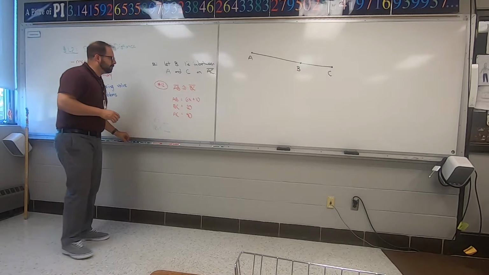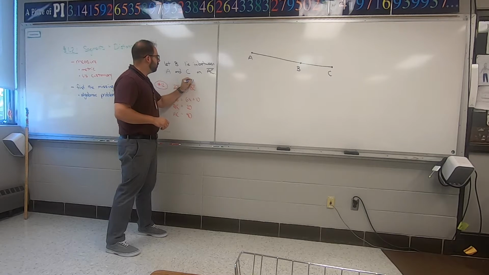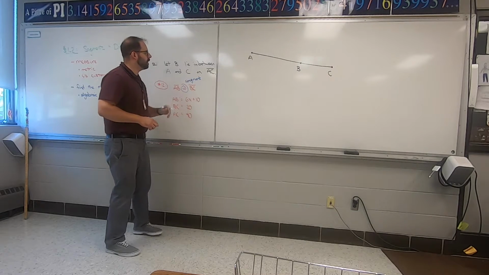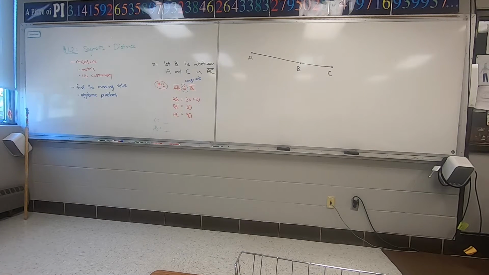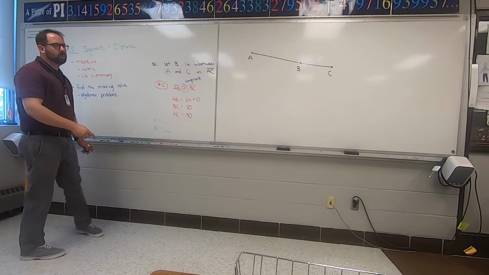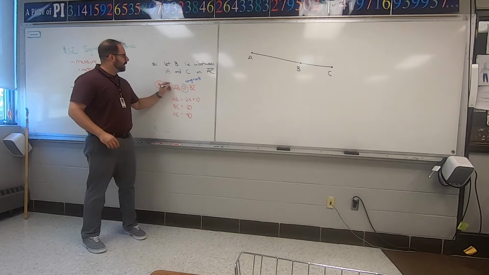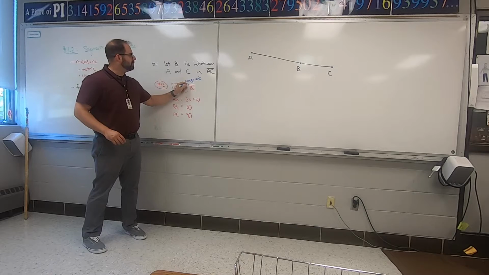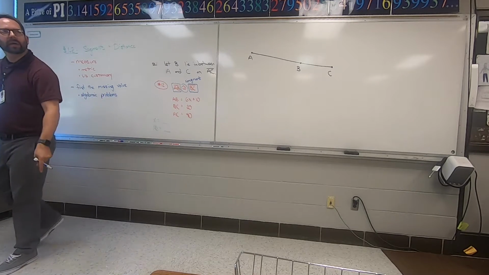So I'm going to label that. This symbol means congruent. It was a new vocab word we had right before the end of class yesterday, the last vocab word of the day. Congruent means equal in size, shape, and measure. So that means these two sticks are supposed to be identical to each other, the exact same size.